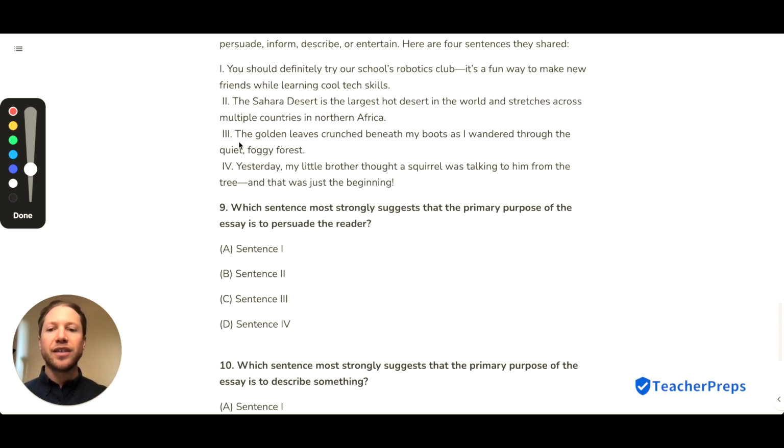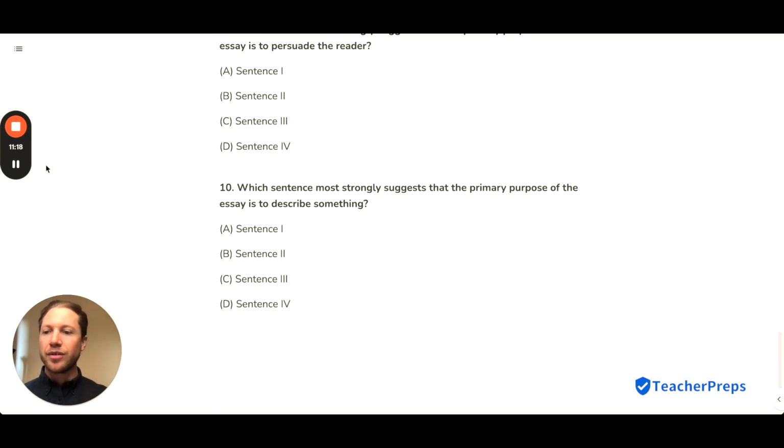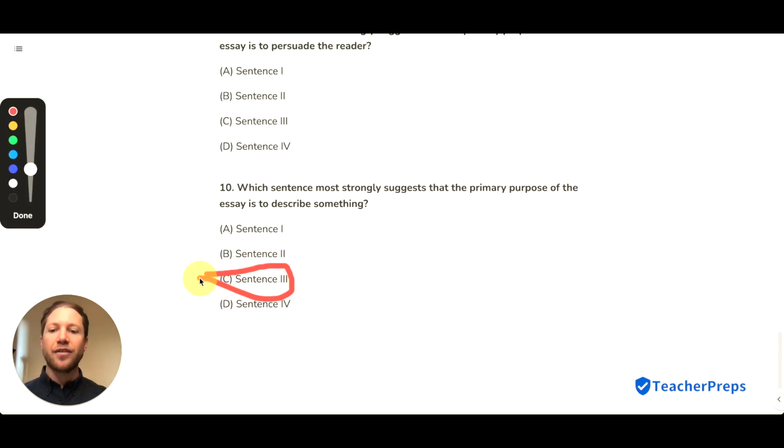Notice the words that they've used. The golden leaves crunched beneath my boots as I wandered through the quiet, foggy forest. That definitely is the descriptive sentence, which came from sentence number 3. So let's go on down. There is sentence 3 listed here, and I feel confident that we have our sentence used to describe something.